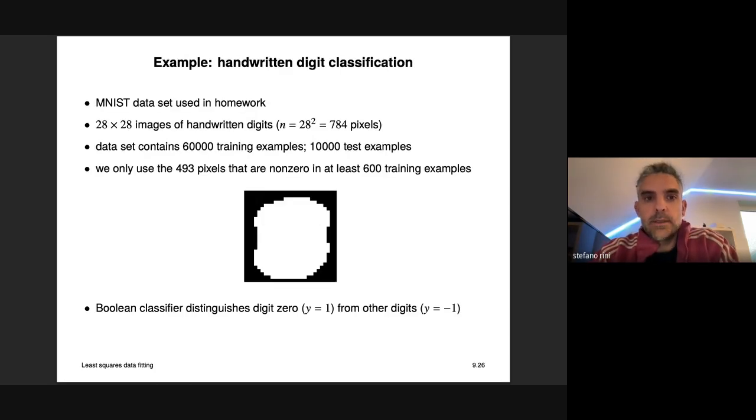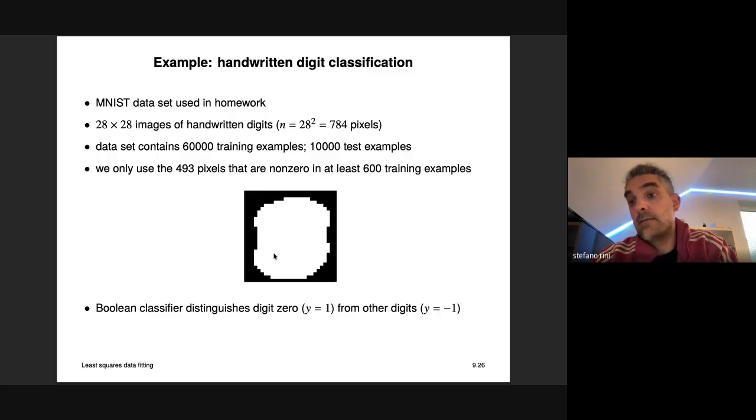This is the case that we already did. The MNIST data set: we want to classify just 2 digits. We have 60,000 training data and 10,000 test data. We use the pixels that are non-zero.